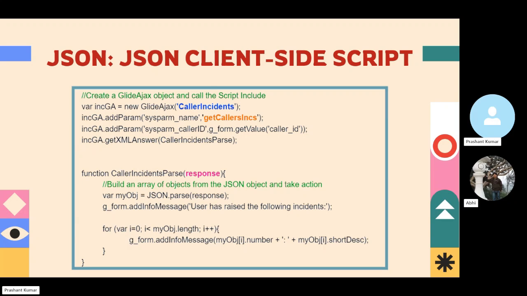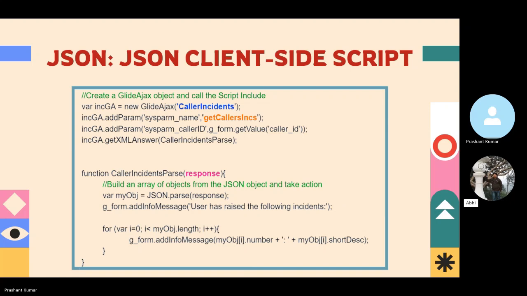We have got the data, and based on that data the execution will happen on the client side. Suppose it returns three incidents or five incidents, it will run in a for loop and display all the incident numbers and short descriptions.